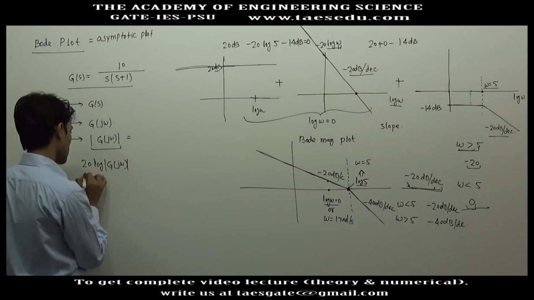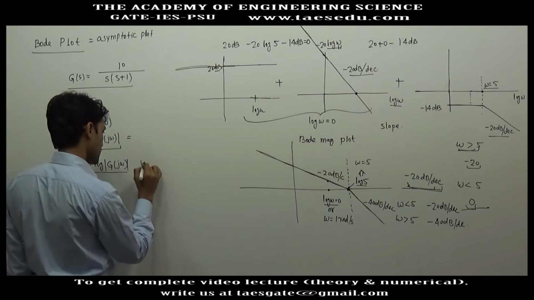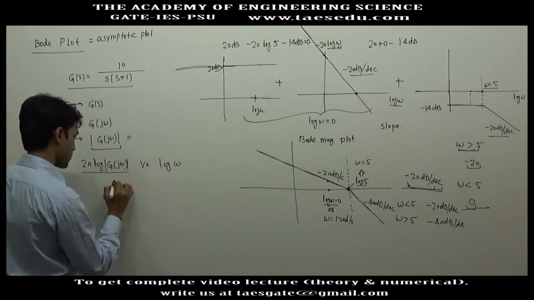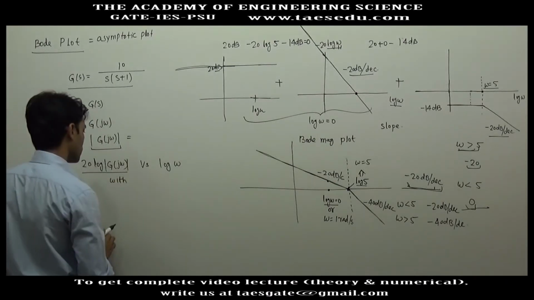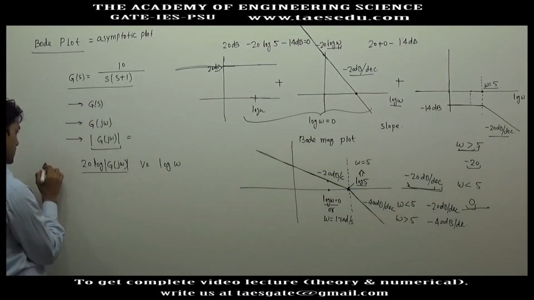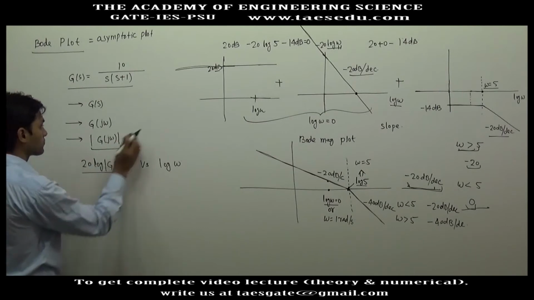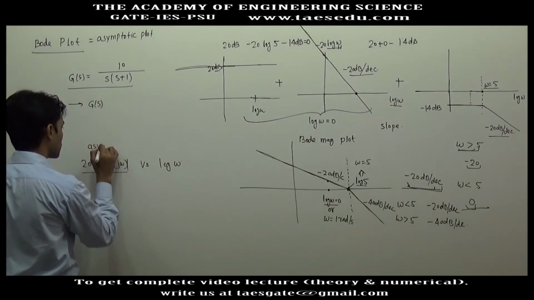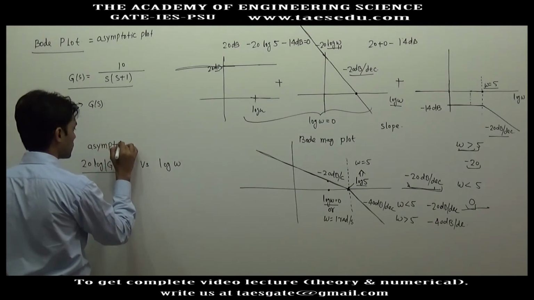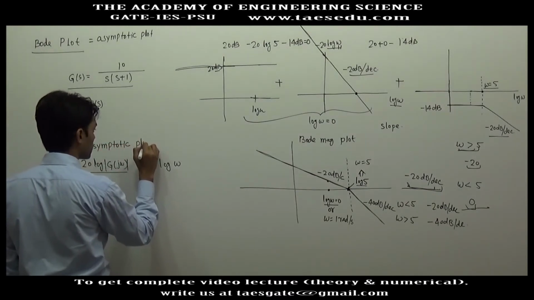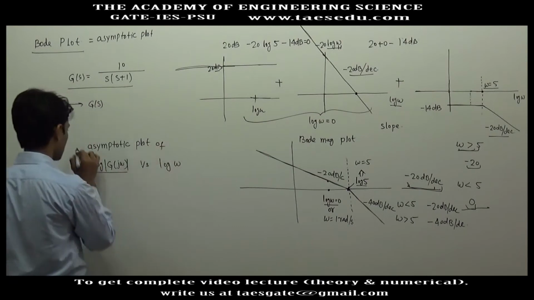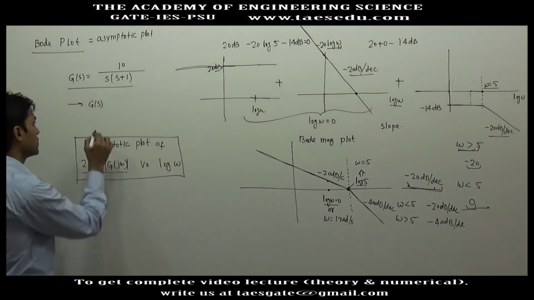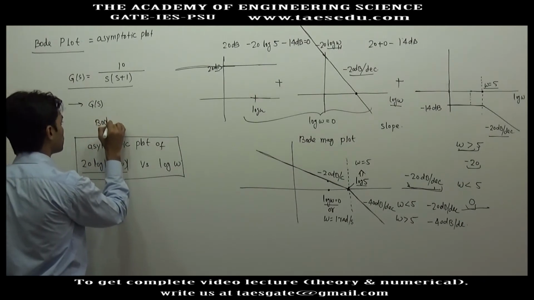So you have to plot 20 log G(j omega) versus log omega with approximation, or you have to get the asymptotic plot of 20 log modulus of G(j omega) versus log omega. This will be the Bode plot.